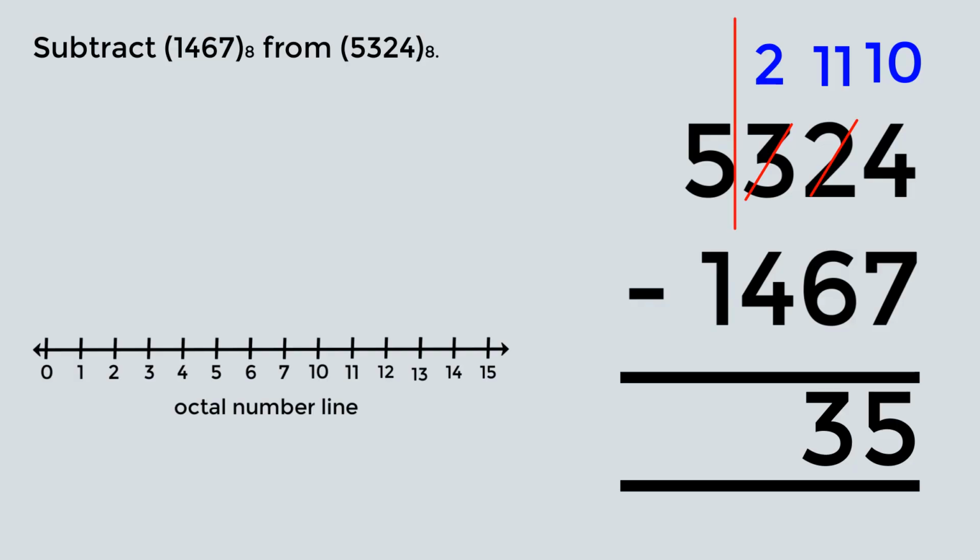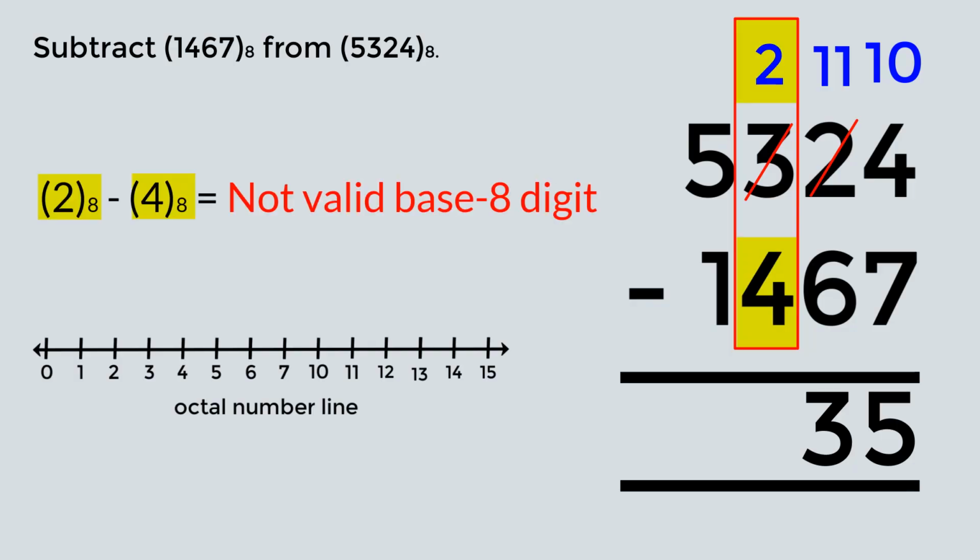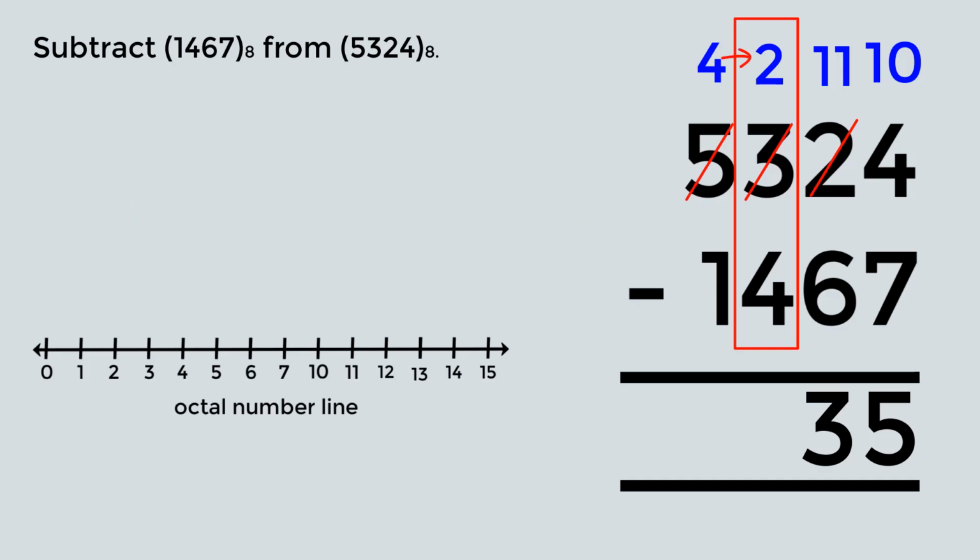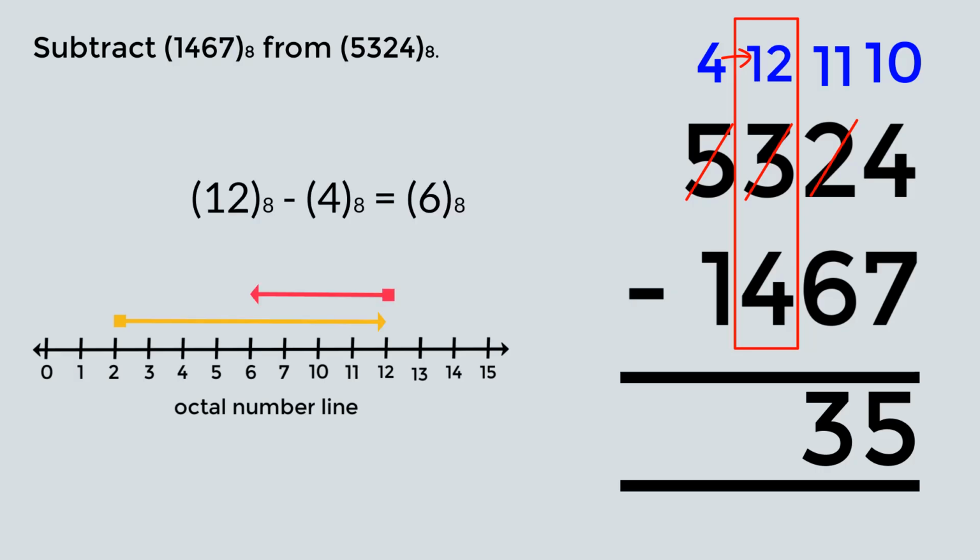Now the 3 in the next column has been reduced to 2. We calculate 2 minus 4. Again, we need to borrow. The 2 becomes 2 plus 8, which is 12. Then 12 minus 4 is equal to 6. So the next digit is 6.